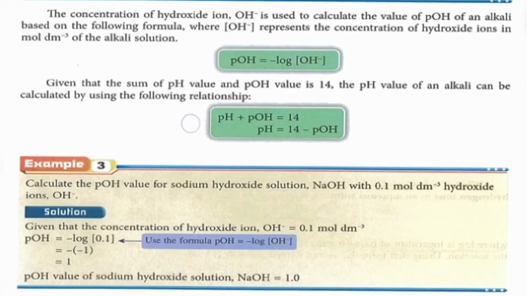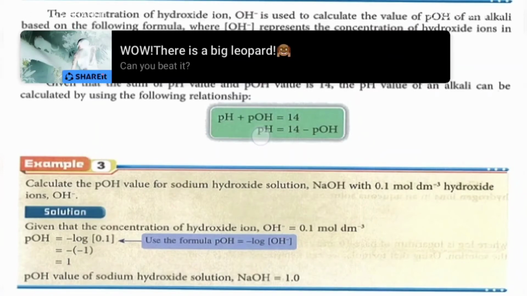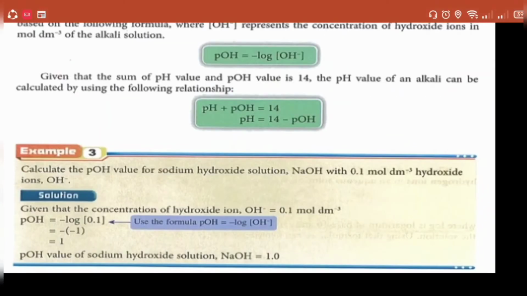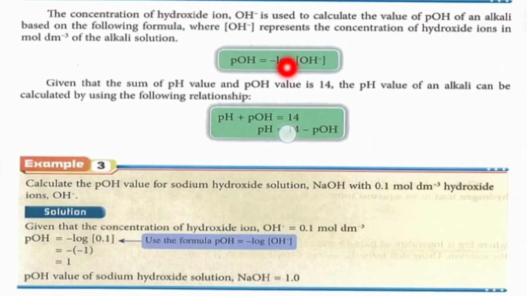Okay, and then you should know that the pH value plus the pOH value is equal to 14. So to find the pH value, we just minus the pOH value from 14, 14 minus pOH value, we get pH value.